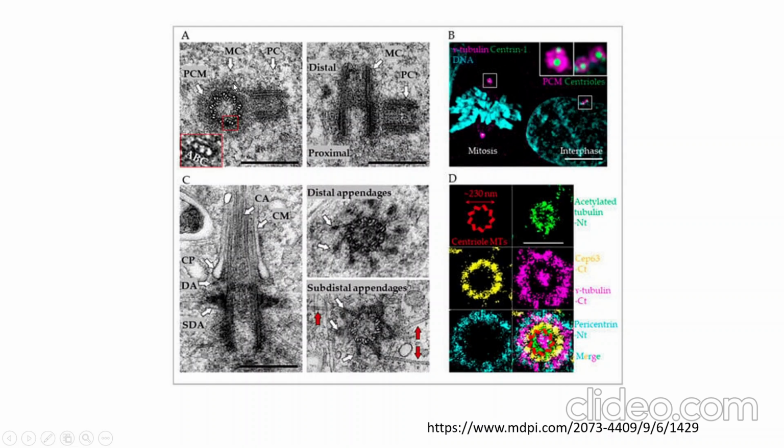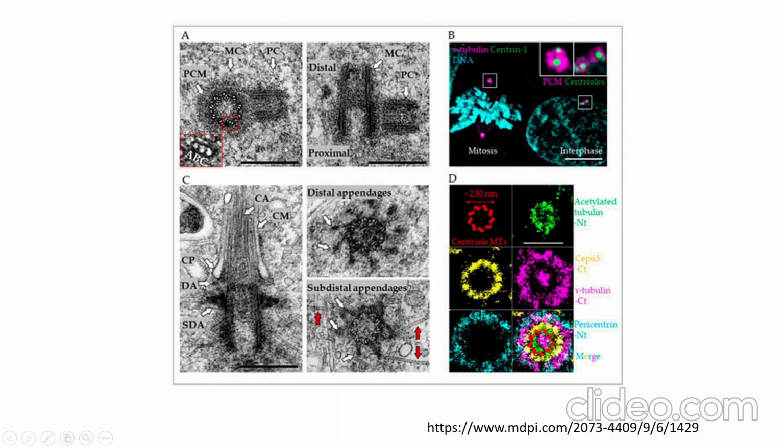So that means you have a lot of proteins and dense material over there that causes the micrograph to look this way. This is a transmission electron microscope image. Then this is the mother centriole. As you know, of the two centrioles, there is a mother one and a daughter one, or a procentriole.